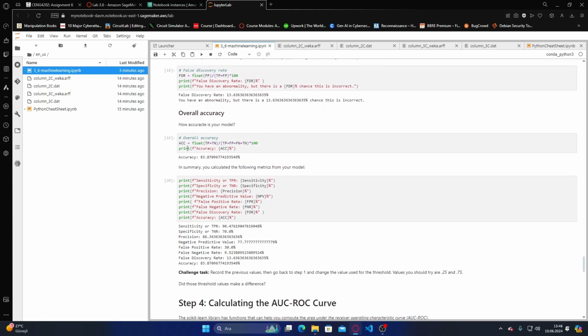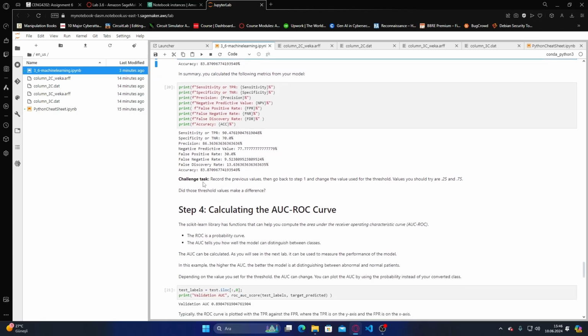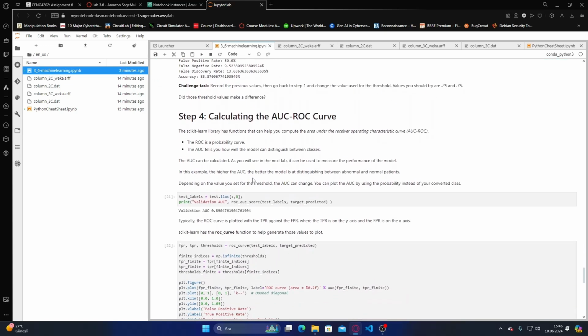And the overall accuracy is calculated by true positive plus true negative, divided by all of them. So this is the true answers divided by the whole answers. And if we give this one, actually this is really good for me.